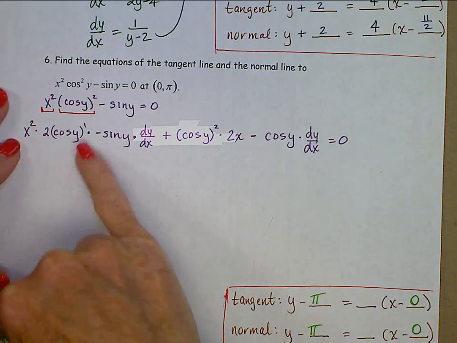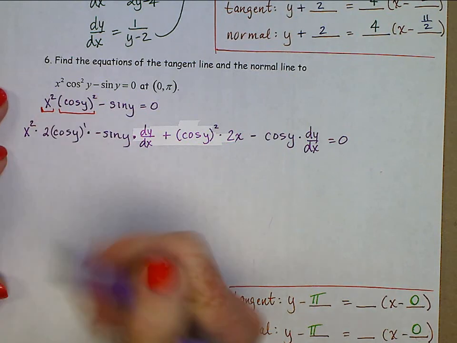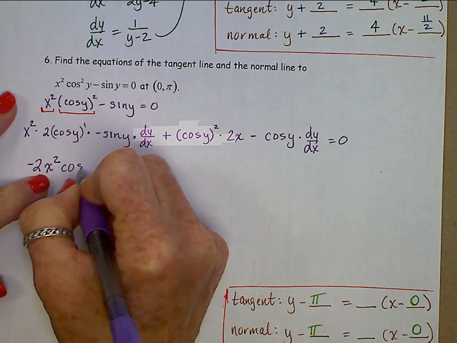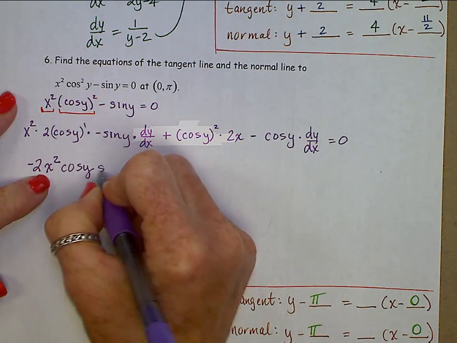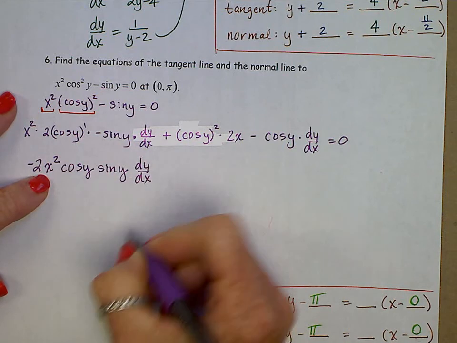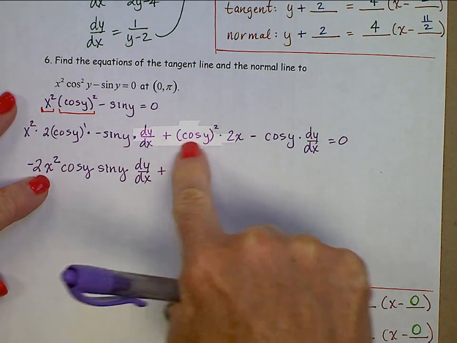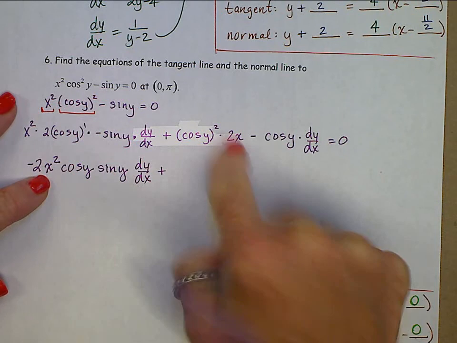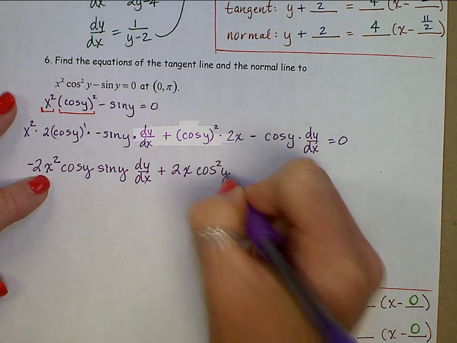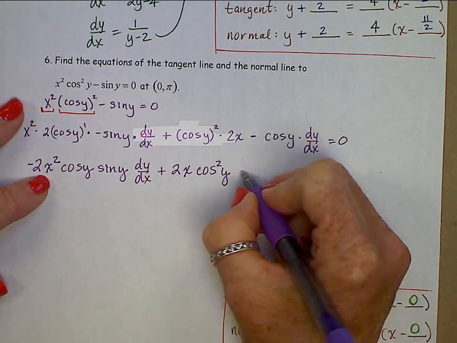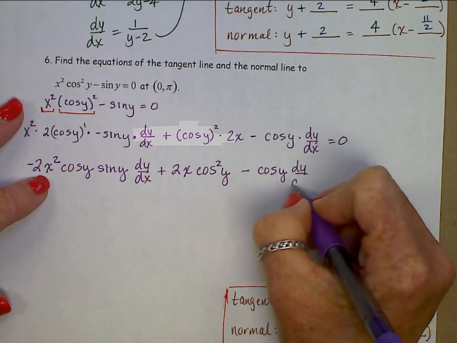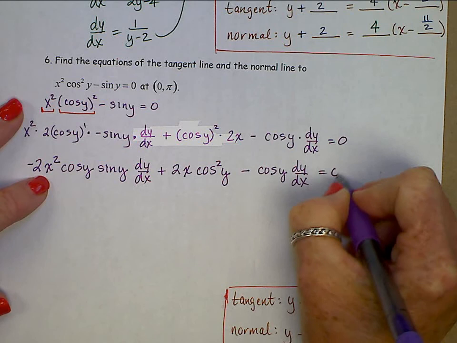So I'm going to have negative 2x squared cosine y sine y dy dx, plus, and then the second half over this piece right here, 2x cosine squared y, and then minus a cosine y dy dx equals 0.